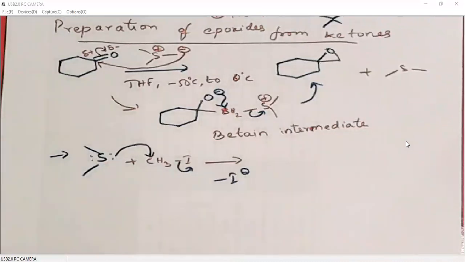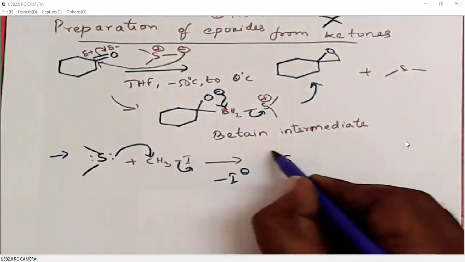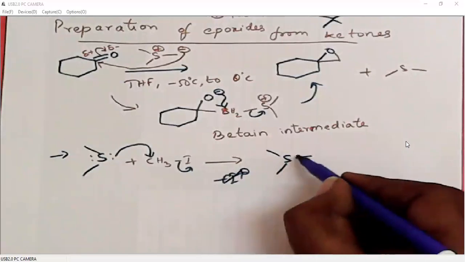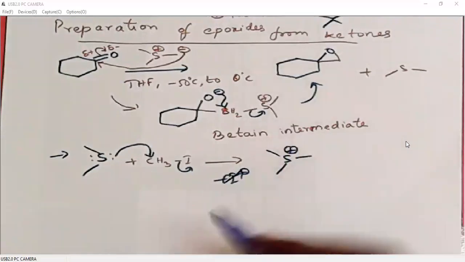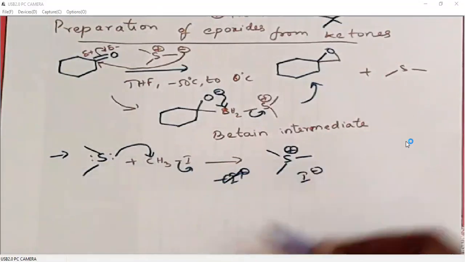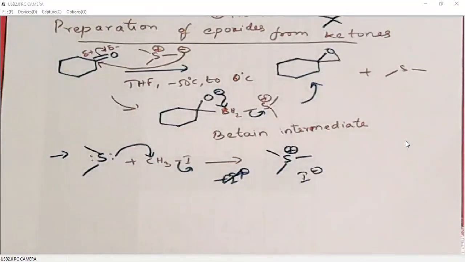This is how we generally do methylation: we add methyl iodide to some nucleophile so it gets methylated. Sulfur becomes positively charged because it is donating electrons, and the counter ion will be iodide. This is trimethyl sulfonium iodide.